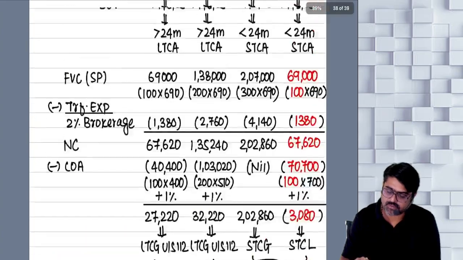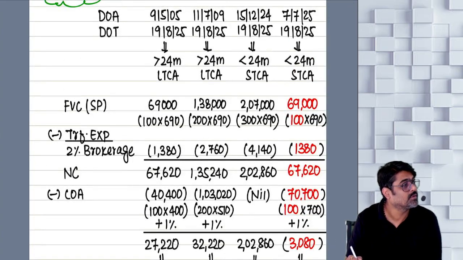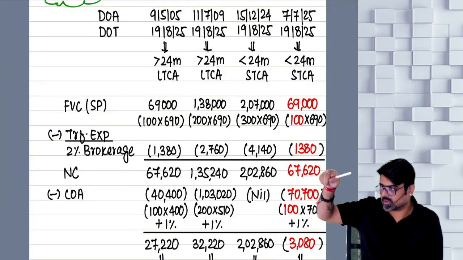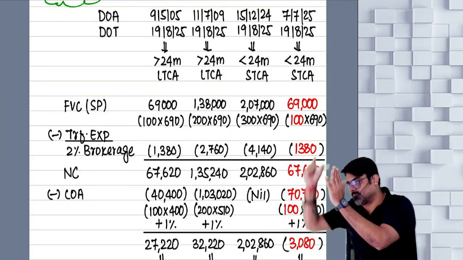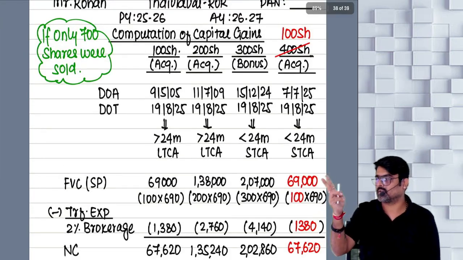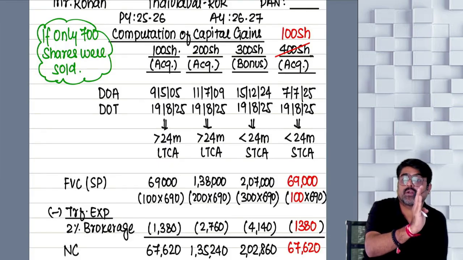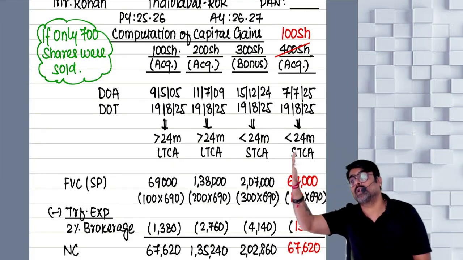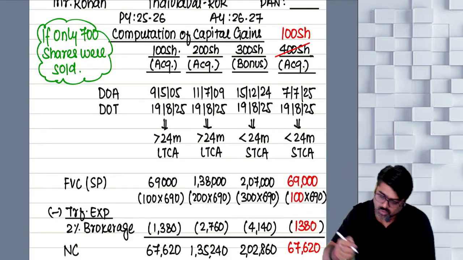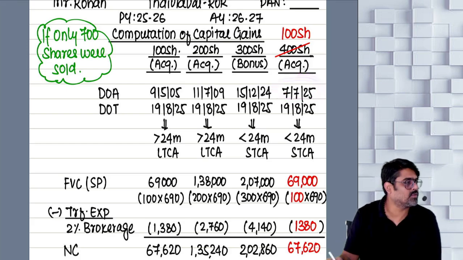So now instead of 3 columns, I will make 4 columns. In that same solution, I would have increased one more column. Out of 400 shares, 100 shares sold separately with the 700 shares, and the 300 shares sold later on. For those 300 shares, the date of acquisition would have been this month, this only.